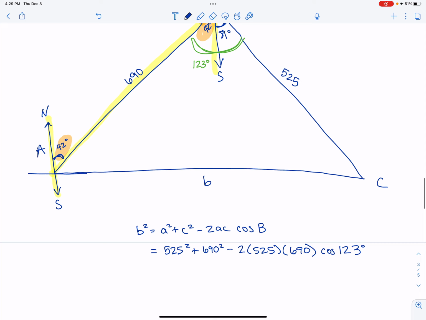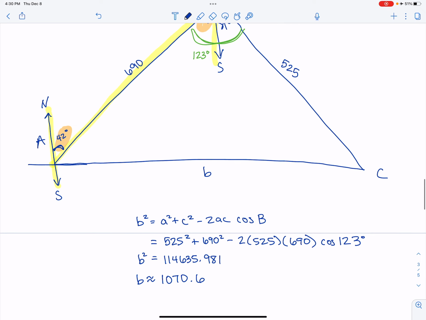And if we throw this into our calculators, we get a big number: 1,146,35.981. But this is b squared. So to take the square root of that gives us our b, which is approximately 1070.6.